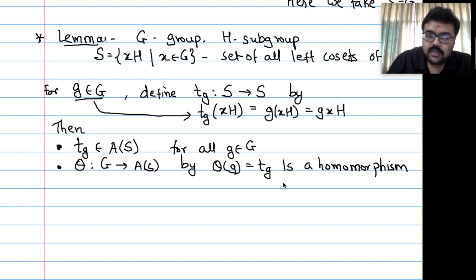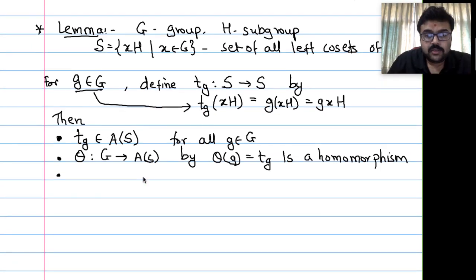This was the second exercise, and then the third one. All this is a lemma which is just broken into parts, and this proof we had seen last time. The third one was that the kernel of theta is the largest normal subgroup.